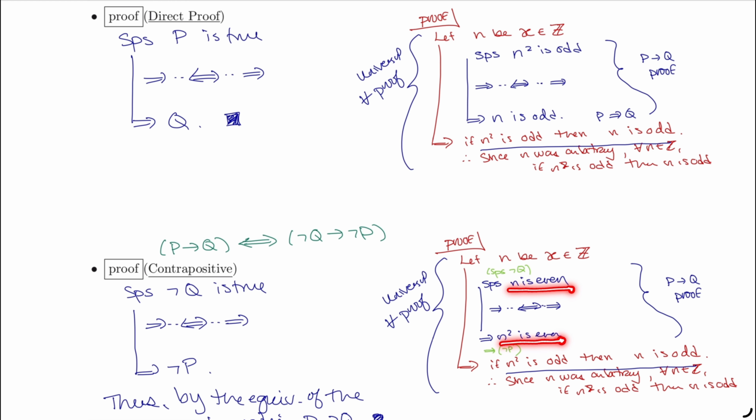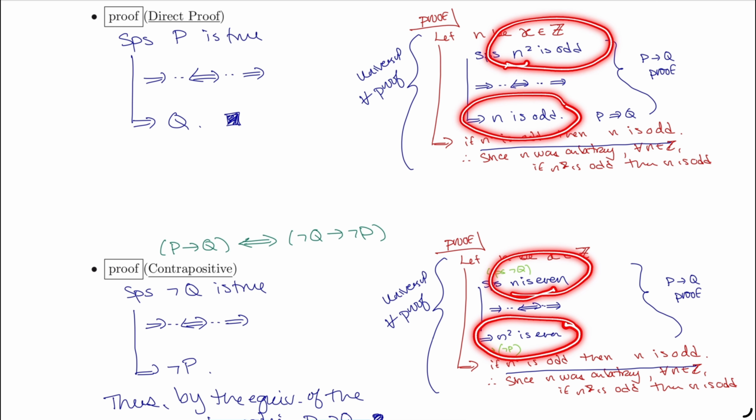Okay, so going from n to say something about n squared, how do you feel about that? Here I'm starting with n squared and trying to do something about n. So I hope that you recognize that it's much easier to start with n and say things about n squared than it is to start with n squared and say something about n.